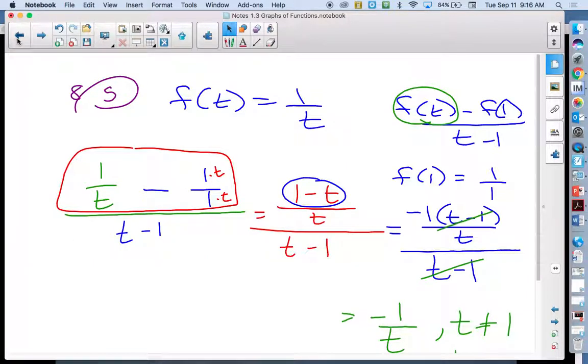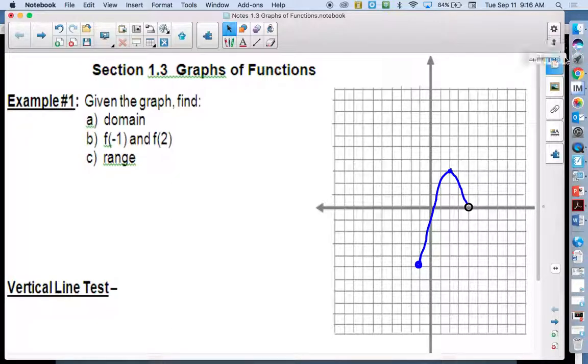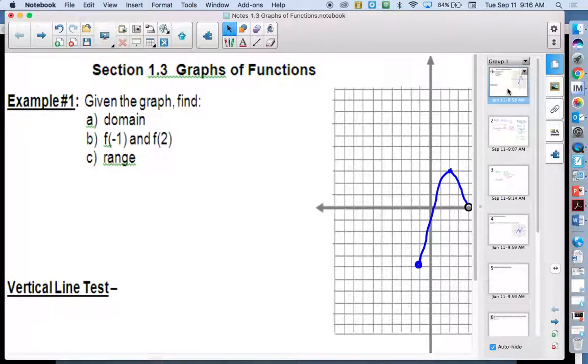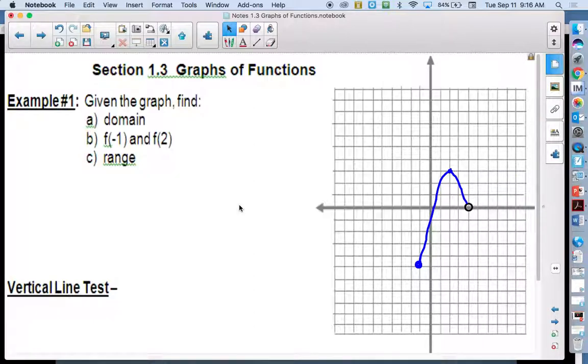All right, so in your notes packet, if you'll turn to section 1 of 3. Today we're just going to look at the graphs of the function. So if you want to grab your graphing calculator, we'll use that just a little bit to remind you about looking at a couple of pieces in the calculator, the graphs.